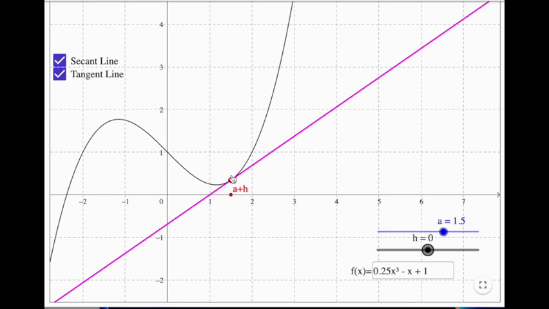So that is visually what we're looking at here. When we get that secant line close enough to the tangent line, we can say that we have the instantaneous rate of change. So the slope of this line is the rate of change at just that one specific point.